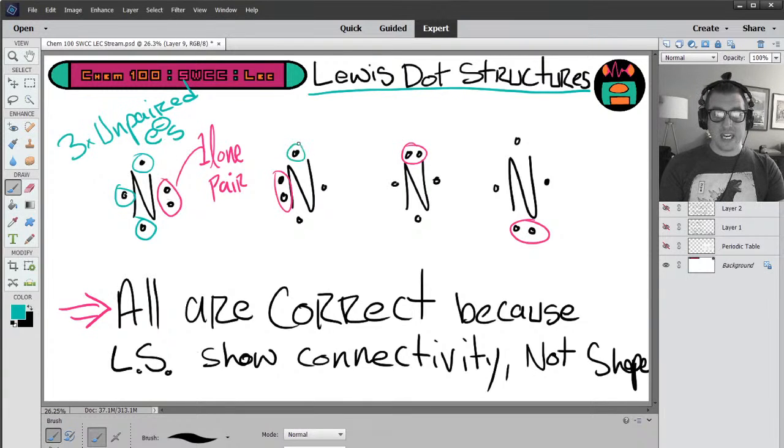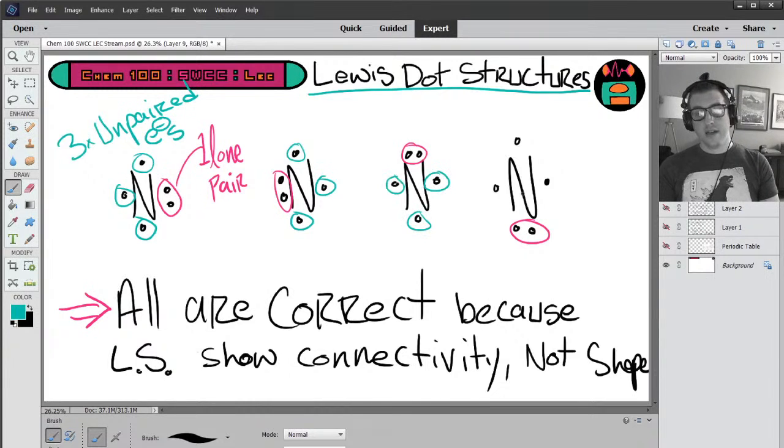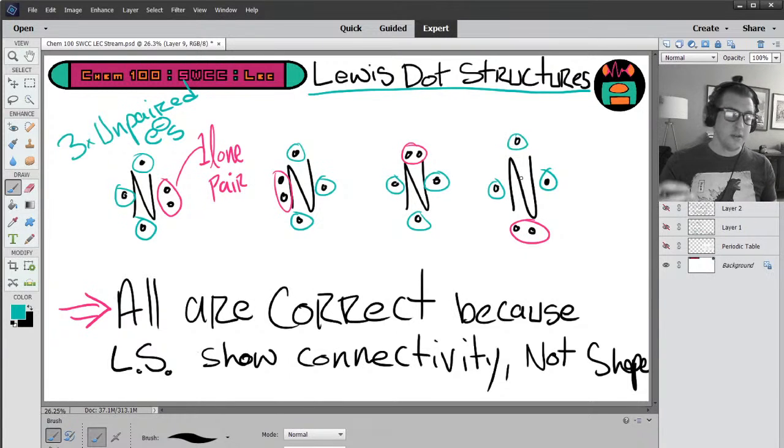All right, and you'll notice each one of these dot structures, the way I've drawn them, has one lone pair, and then three unpaired. As long as that's the case, your structure is correct. If you have two lone pairs and one unpaired, that's wrong. But as long as that's there, you're good to go.